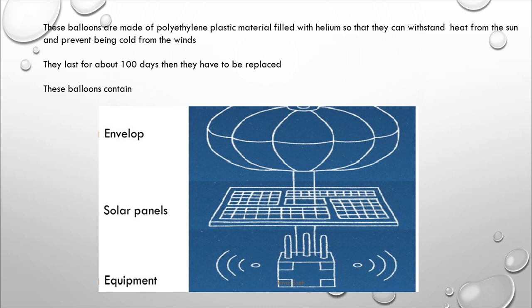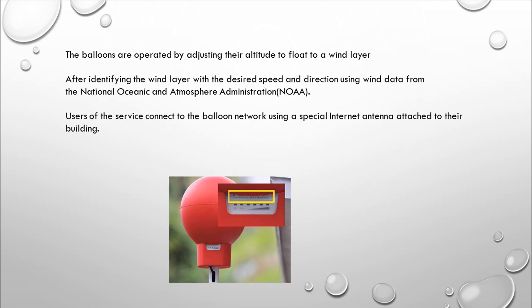A GPS is also made available in this equipment so that tracking of these balloons can be made easy. The balloons are operated by adjusting their altitude to float to the wind layer, after identifying the wind layer with the desired speed and direction, using wind data from the National Oceanic and Atmospheric Administration.